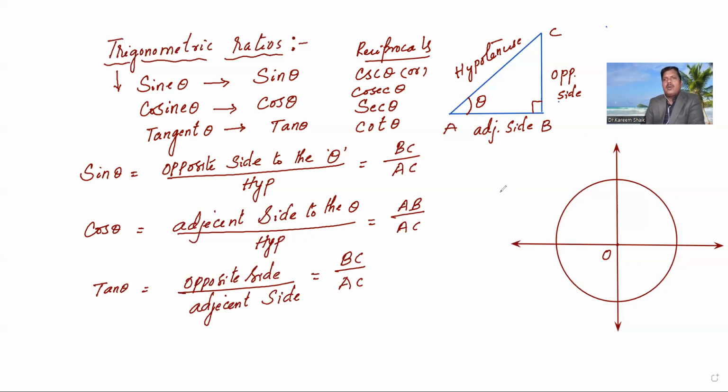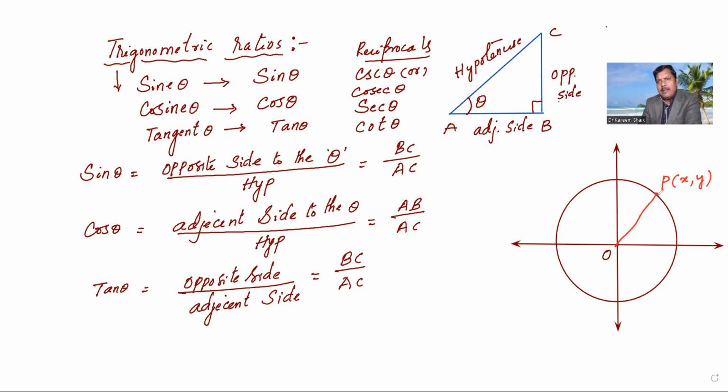By using coordinate geometry, two-dimensional geometry, suppose for example I am taking a point P whose coordinates are x comma y. If I join the point P to the origin, this OP is called the radius.